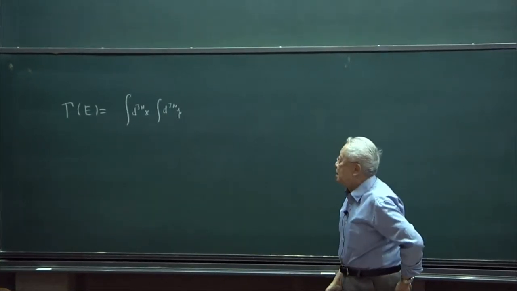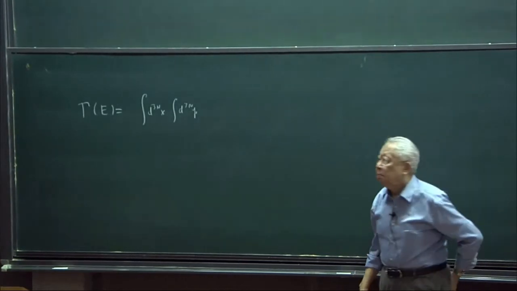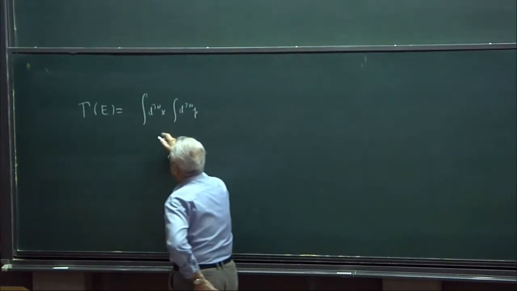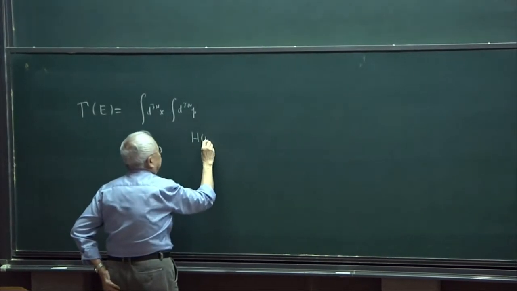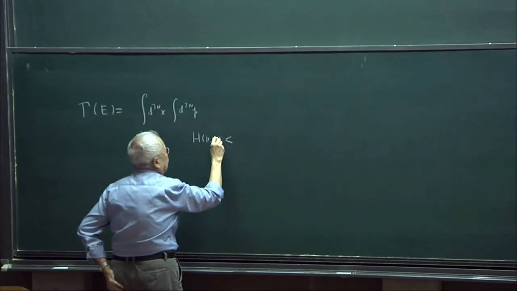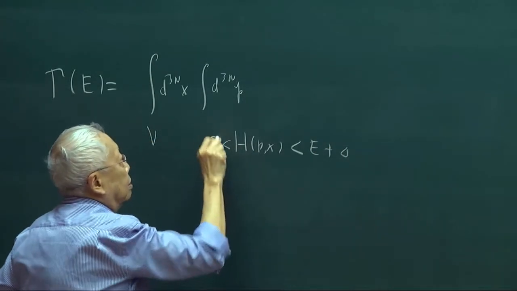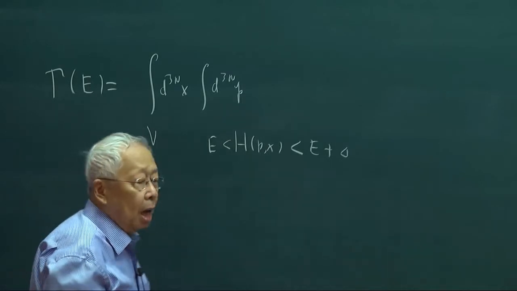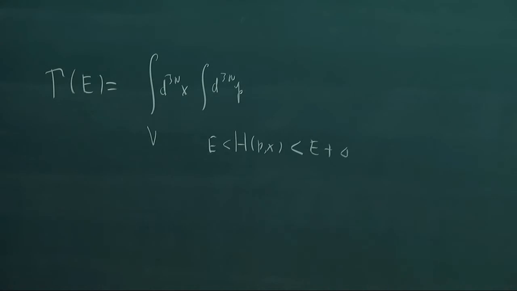In this case, it's a uniform distribution as long as the energy lies between given limits. So for each x you integrate over the volume V, and for p you integrate such that the Hamiltonian of p and x lies between E and E plus some tolerance. Let's calculate this and try to deduce the thermodynamics.